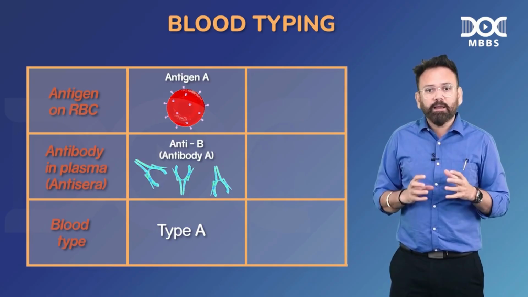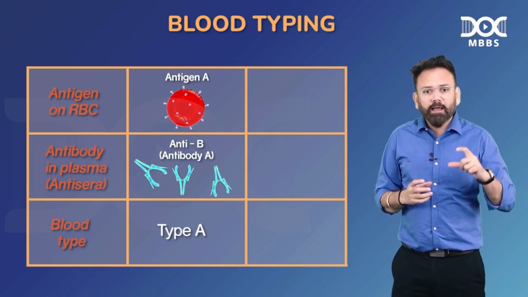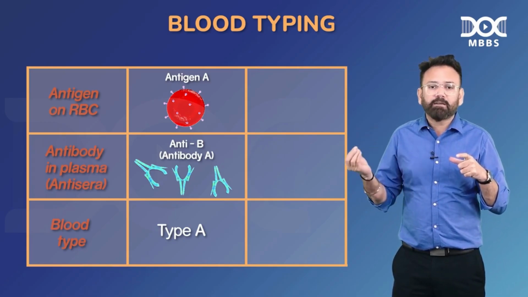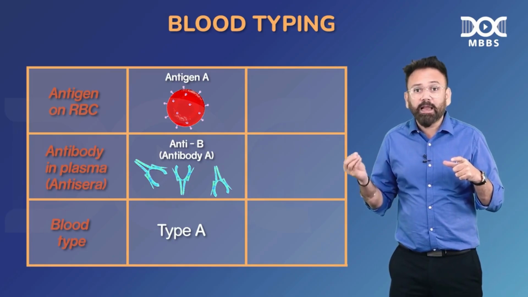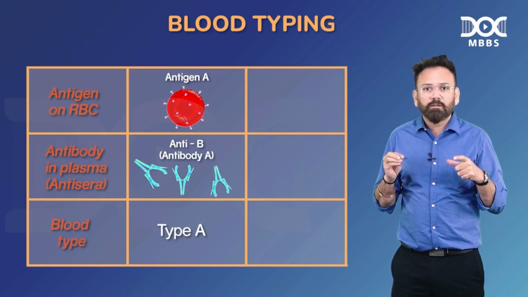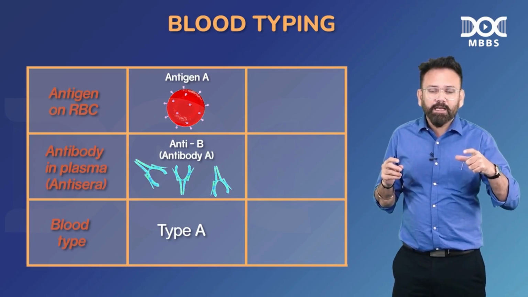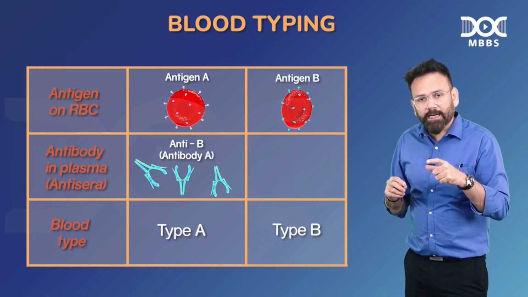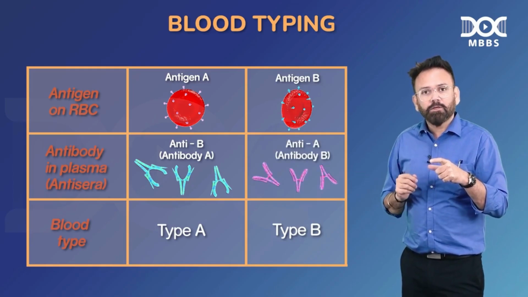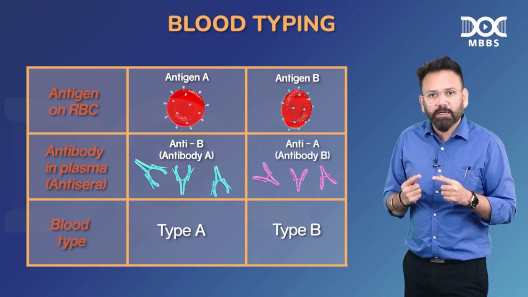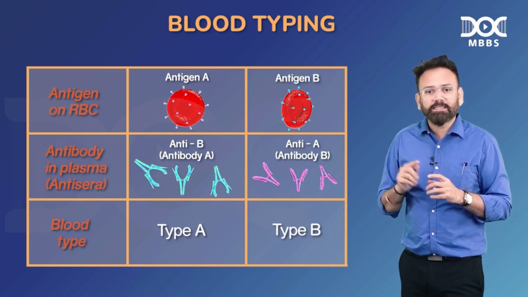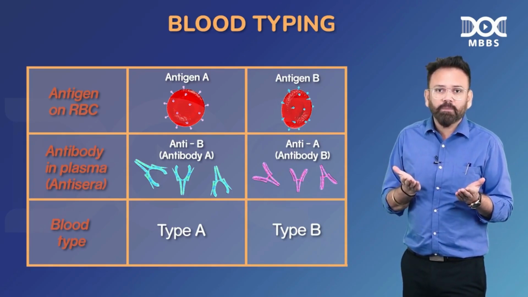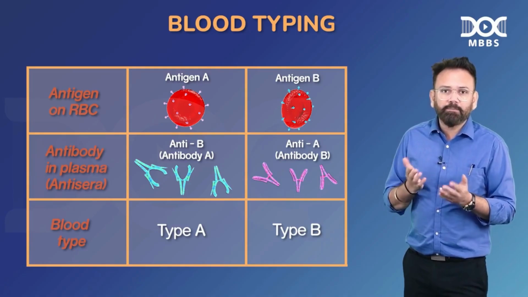So ABO blood typing can be performed by taking RBCs with anti-sera. This anti-sera has what? This anti-sera has antibody to check, because if the antigen is A, it will react with antibody A. If the antigen is B, it will react with antibody B. So you can judge which antigen is present by seeing the clumping, because antigen A will clump with anti-A, antigen B will clump with anti-B.